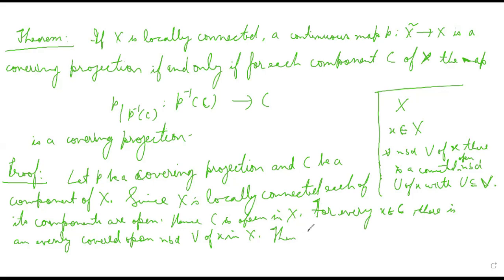Then U equal to V intersection C is open and evenly covered.